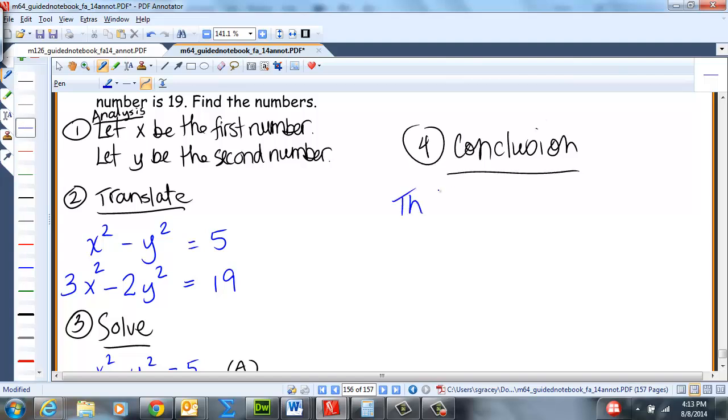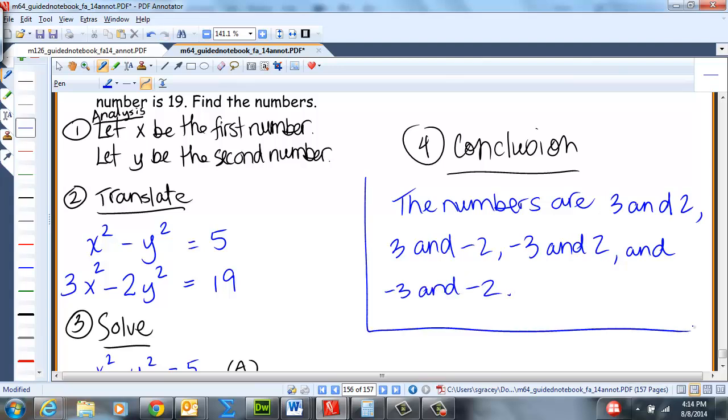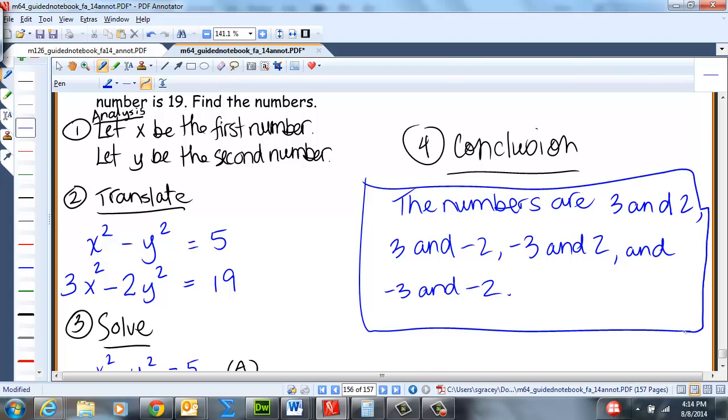The numbers are, we could have 3 and 2, 3 and -2, -3 and 2, and the other possibility is -3 and -2. They all will satisfy the system.